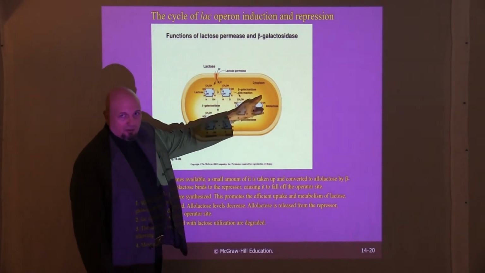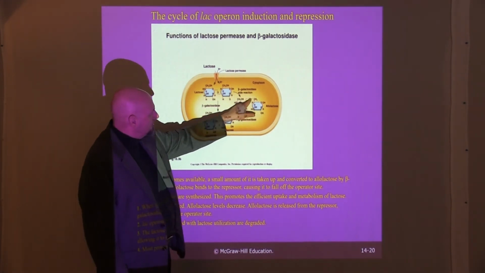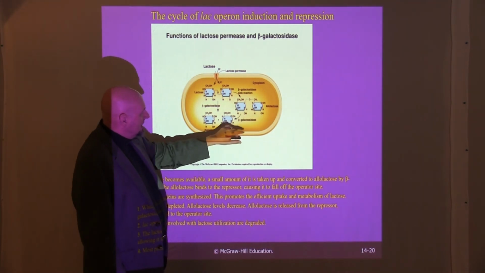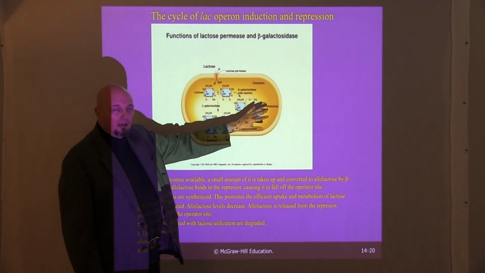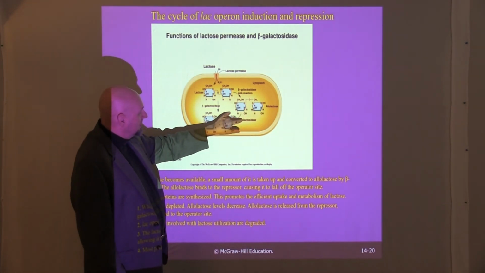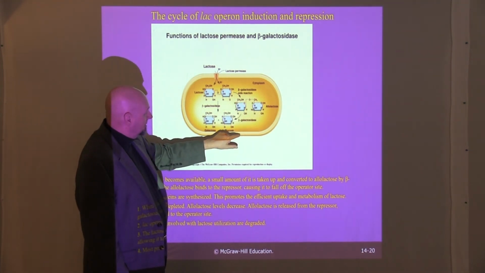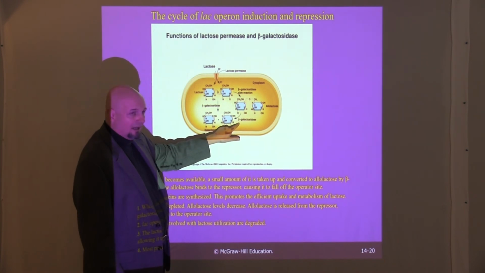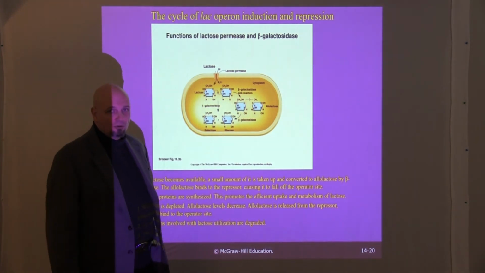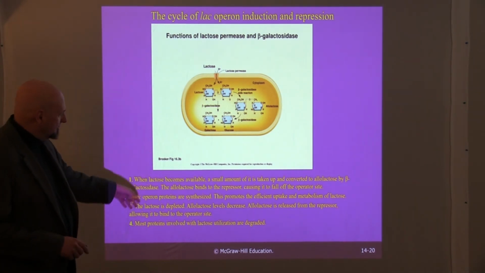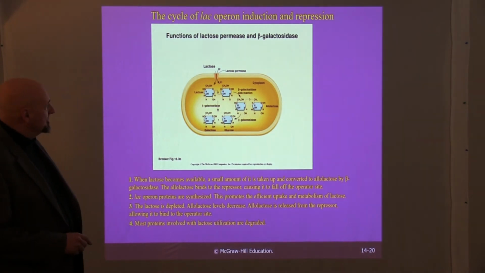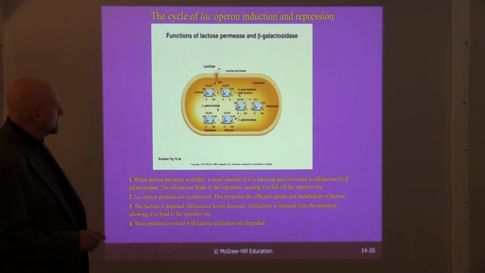But a side reaction will cause it to be formed into allolactose, and that is going to be the signal to bind to the actual lac repressor and cause it to come off. Eventually that allolactose is going to bind again to beta-galactosidase and be broken down into a usable form. So that's just reflecting the same information, just to see it in a better way.